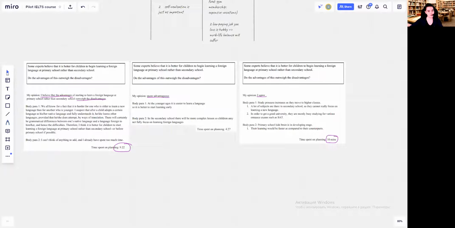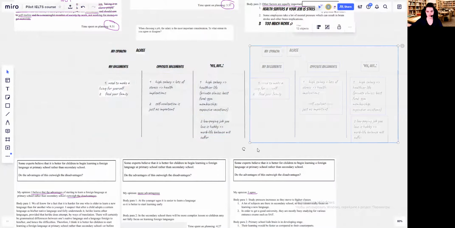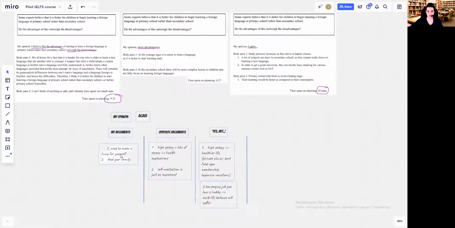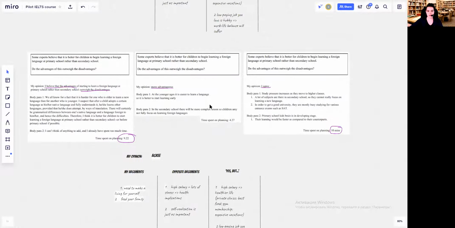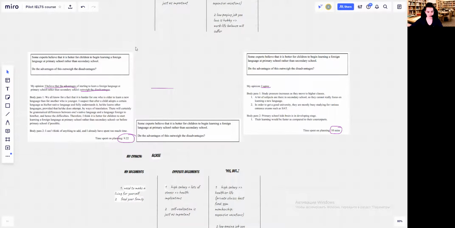So let me run the demonstration again. I'm going to modify the template a bit, and I'm just going to move the topic here.